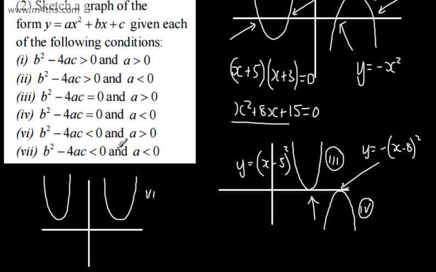I think we're missing 5, aren't we? So we've got 4 and 6, so that's going to be 6, and then that one is going to be 7. Sorry, that one isn't going to be 7. Let's go ahead and just take that off. We need to do 7, don't we? So that is going to be 7, the negative one, so that could look like that. So let's put that on. So this one has a value of a that's less than 0, and now on here we would simply graph it like so.